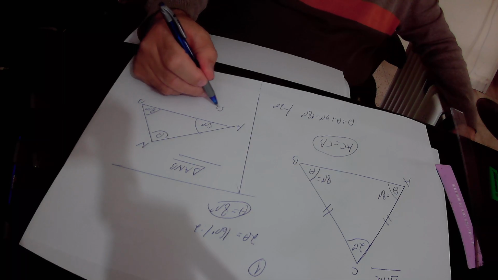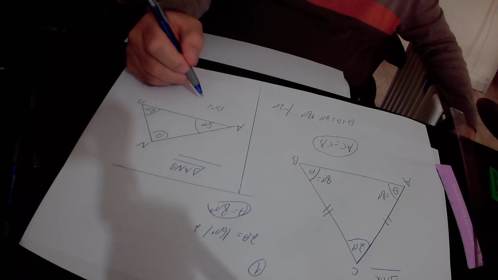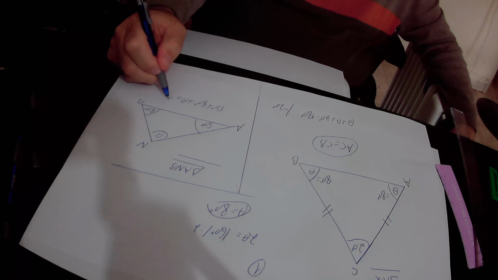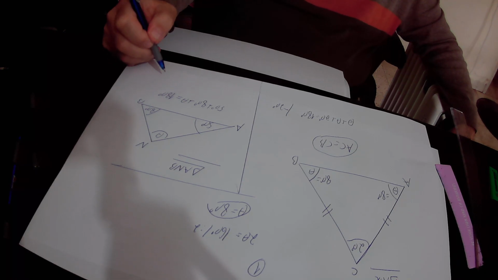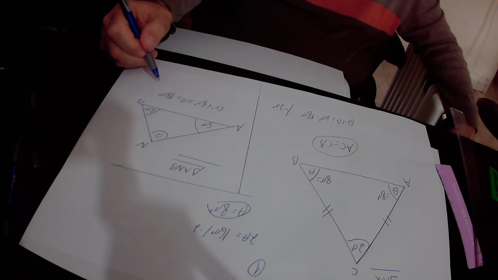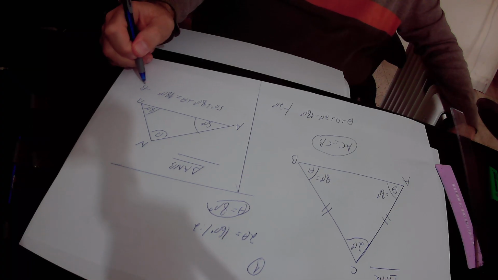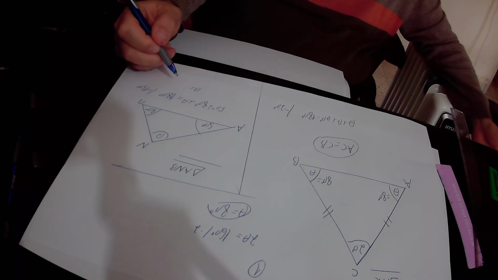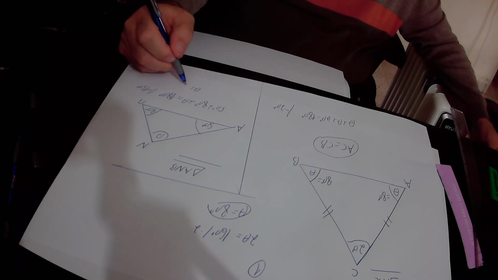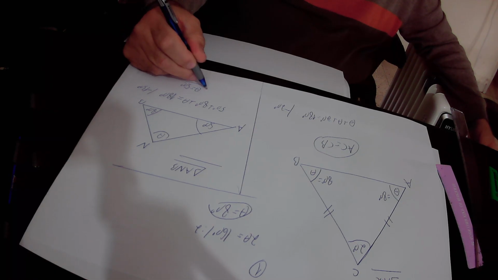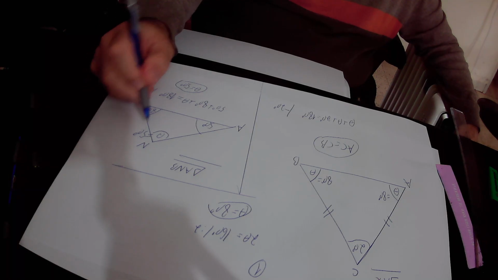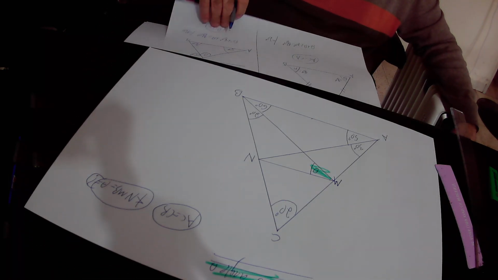That is to say 50 degrees plus 80 degrees plus angle theta, in total the sum of those three angles must be equal to 180 degrees. 50 degrees plus 80 degrees is 130 degrees, so we subtract 130 degrees from this equation, and finally we get that angle theta equals 180 degrees minus 130 degrees, it is 50 degrees. So the missing angle is 50 degrees.